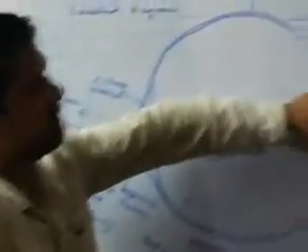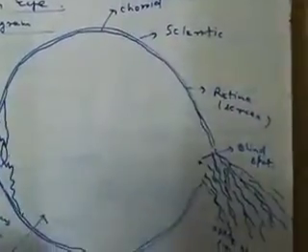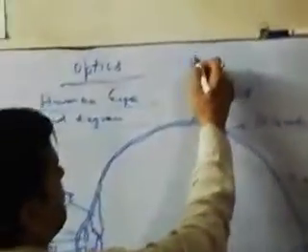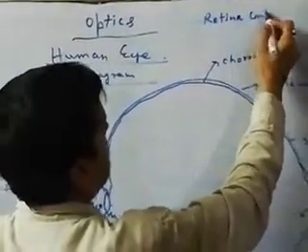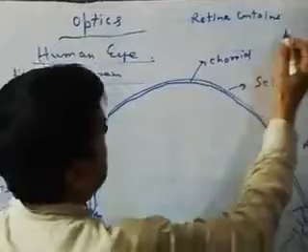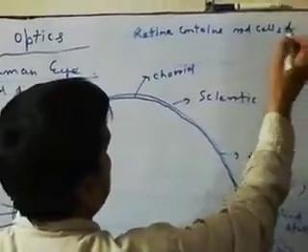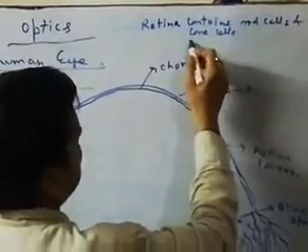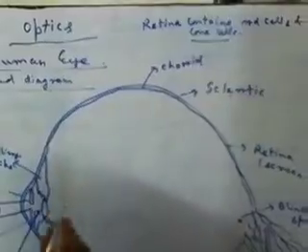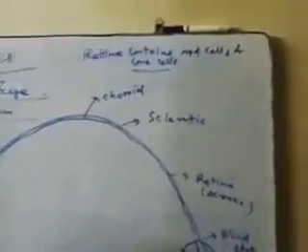Talk about retina. Retina actually contains two types of cells. Rod cells and cone cells. Cone cells are responsible for color perception and rod cells are responsible for intensity of light perception.